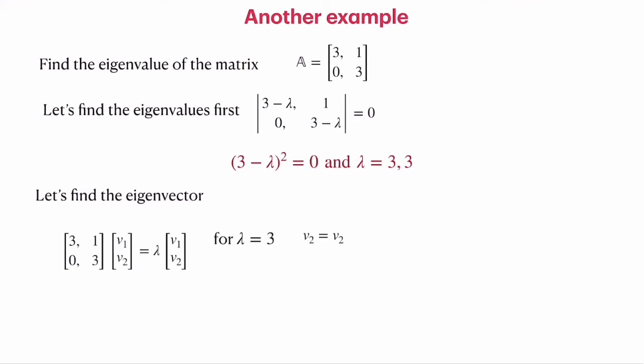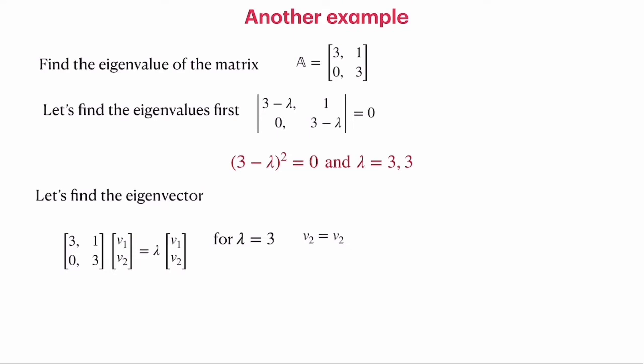So is it possible to solve for the eigenvector? Let's see. We find the eigenvector simply by substituting the eigenvalue in the eigenvector equation and solving for the components from the n equations.